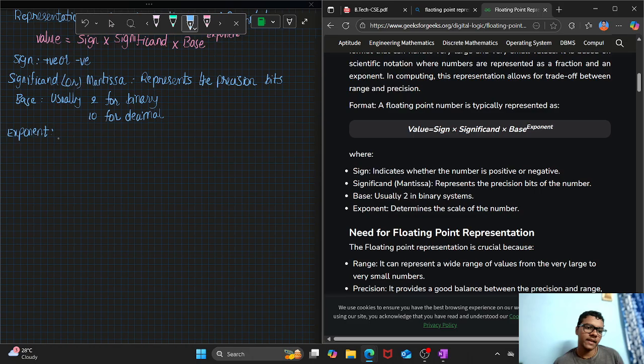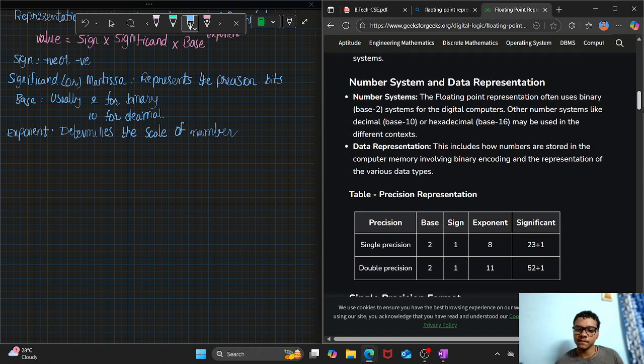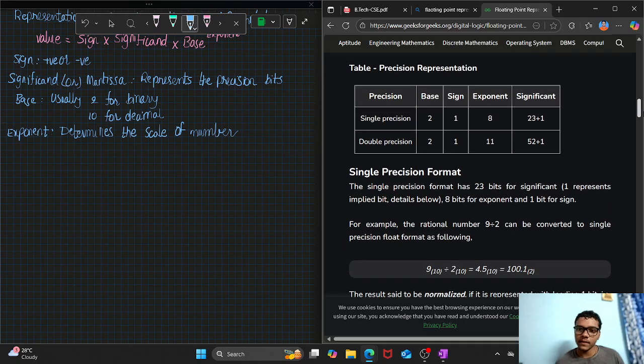It determines the scale of the number, so it says how big or how small the number is. That's it.